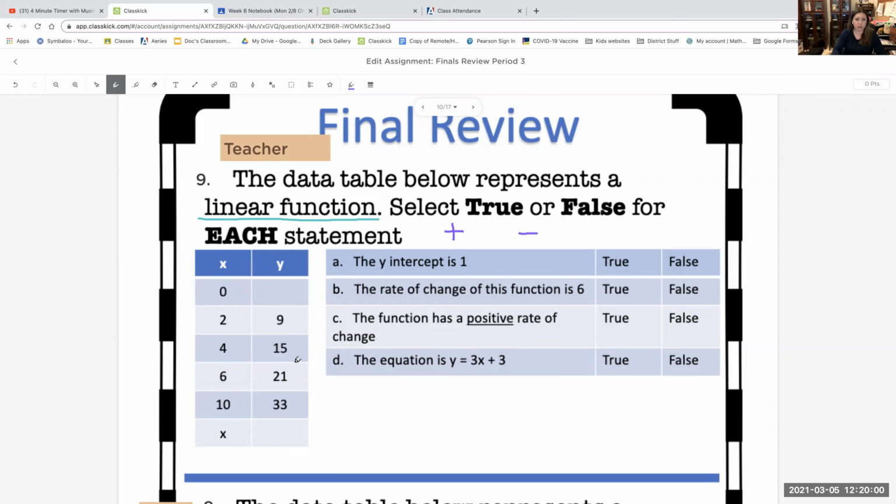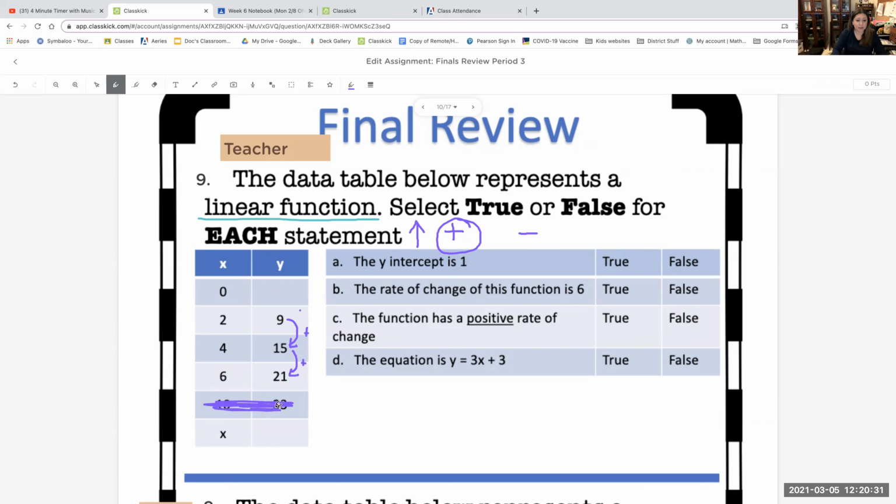My numbers are increasing, so I know I'm going to be adding whatever my pattern is. Going from 9 to 15 is some sort of adding number, and 15 to 21 is adding. Even though we have this 10, I'm going to pretend that it isn't here.